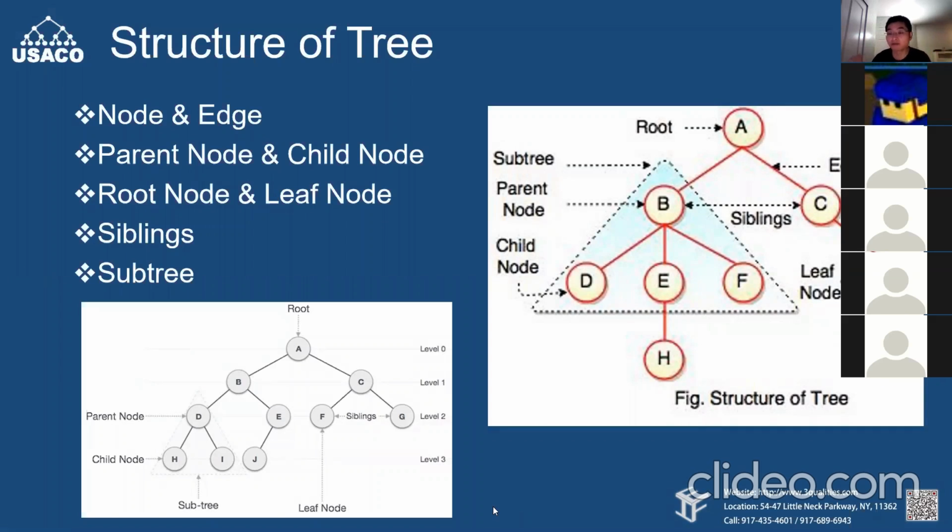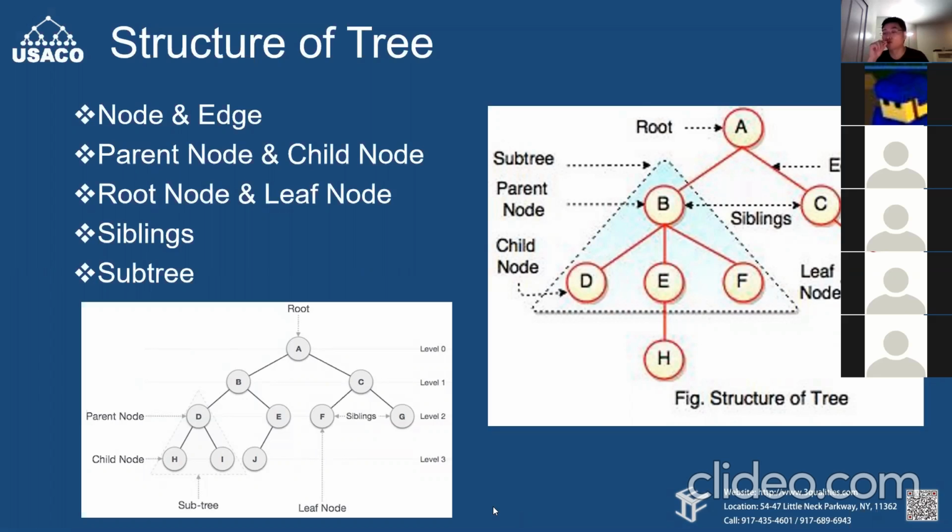You can have multiple generations, but the same generation. So for example, you and the kids of your uncle, you guys are in the same generation. So here we can also use the level to indicate which generation you are in.